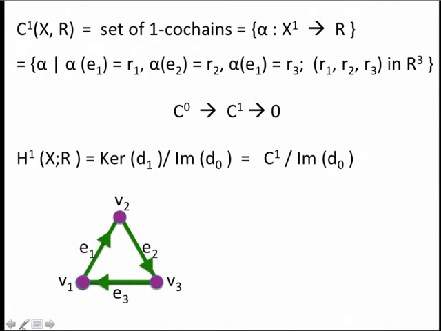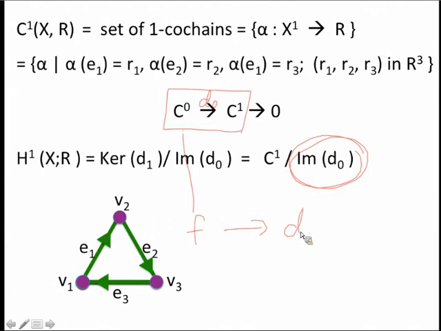So now we want to focus on calculating what is in the image of D naught. I'm looking at this map right here, my D naught. What's in the image is, if I take an F, it's going to go to D naught of F. This is exactly what we're going to be getting in the image.